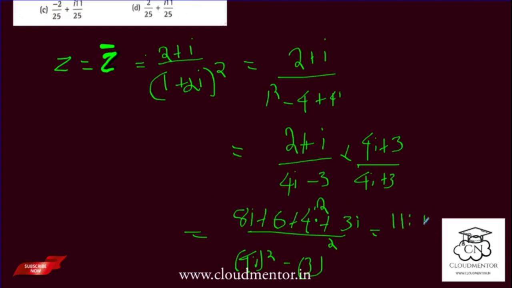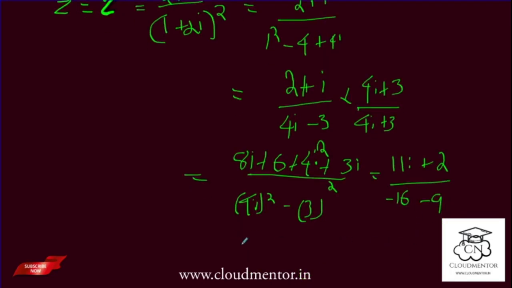11i plus 2 divided by minus 16 minus 9. 4 square is 16, and i square is minus 1, so minus 16, and 3 square is 9, so minus 16 minus 9.